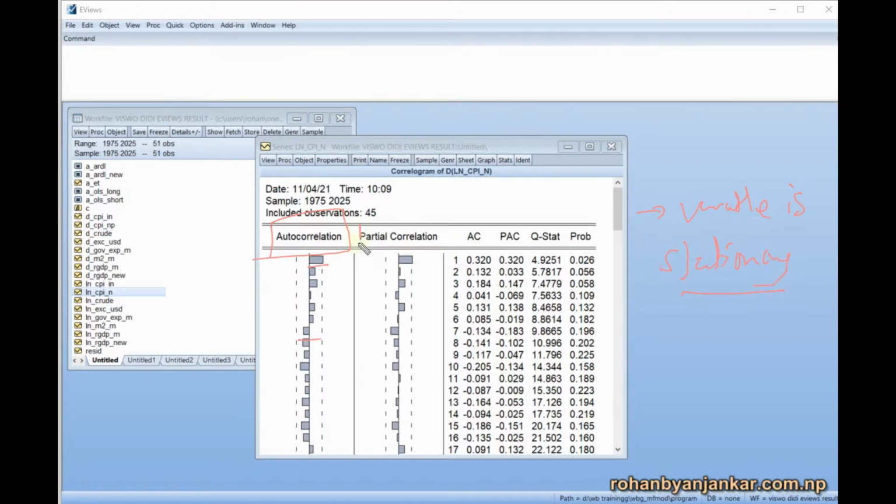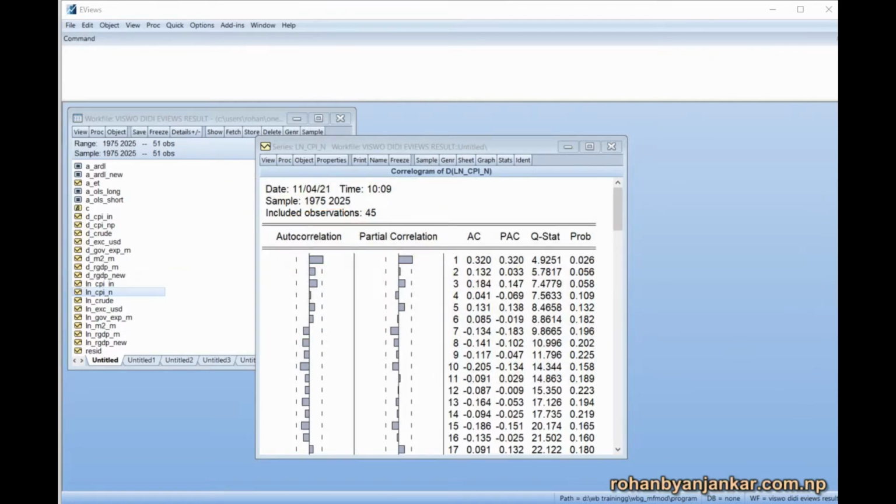And if we see the partial correlation, it shows that there is no AR process now in this graph. For the formal test, we will go to the unit root test.